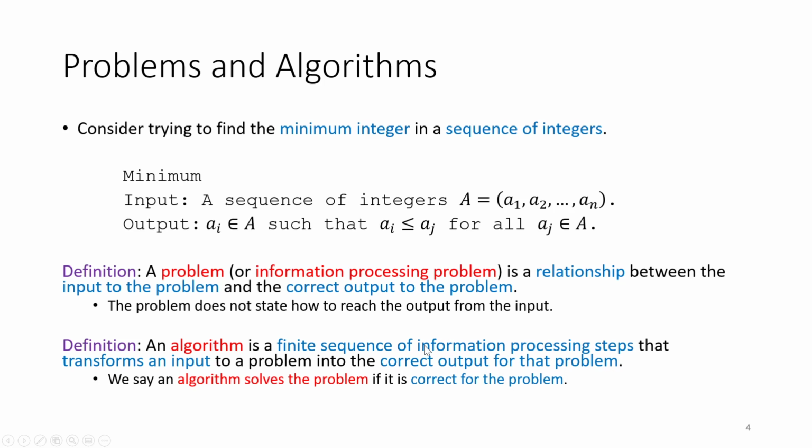In your own mind, think of it as things like adding one variable to another, checking to see if a variable is bigger than 0, looping. These are information processing steps, checks and assignments and so on. Okay, so an algorithm is a sequence of those steps. It's starting to make sense. When you write a program, we're kind of writing that sequence of steps down, right? It's a finite sequence of steps.